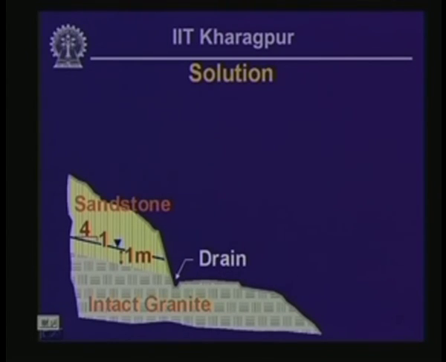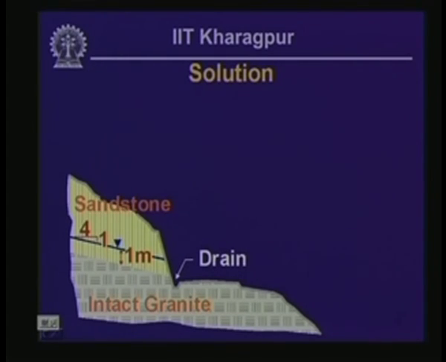Now, this was the problem: we have a road cut which intercepts an unconfined aquifer within a sandstone bedrock. The underlying intact granite is relatively impervious.